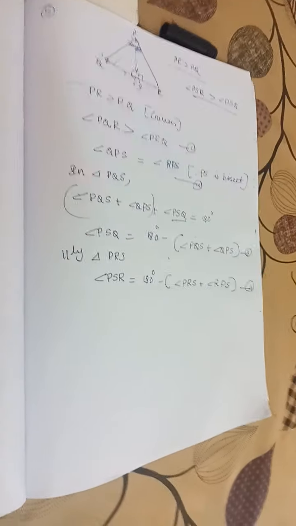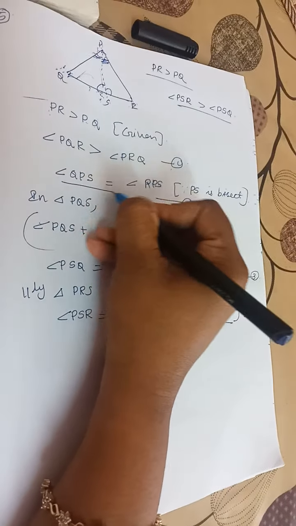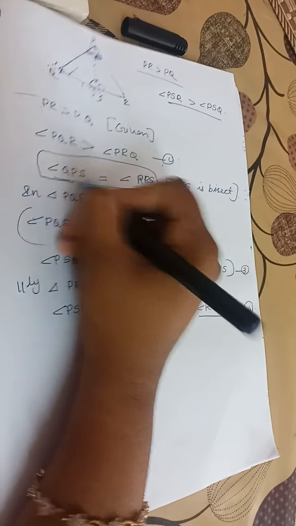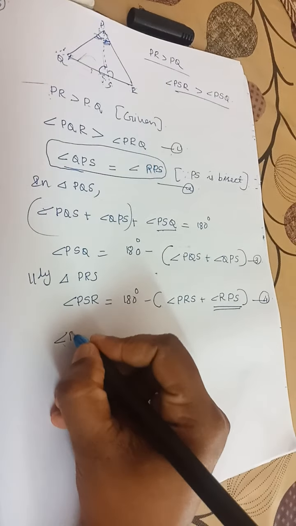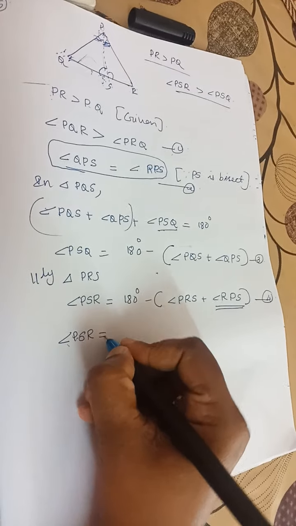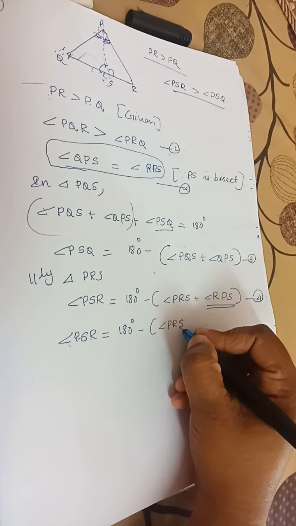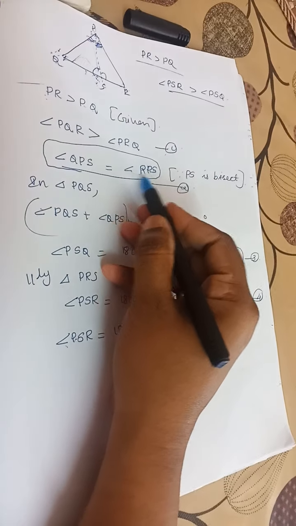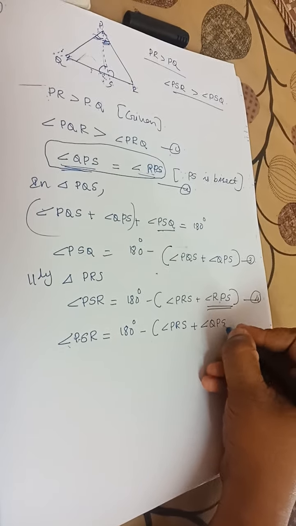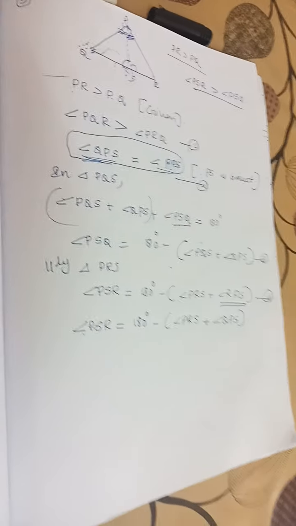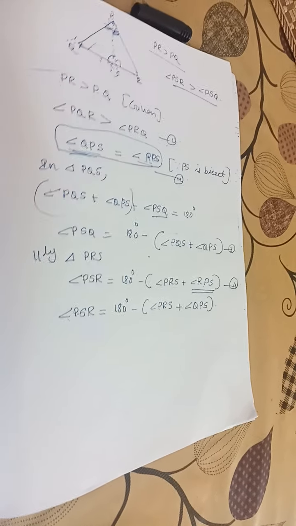Now I am substituting this RPS. What is the value of RPS? RPS is equal to angle QPS. So instead of RPS, I am writing angle QPS because both are the same. Now I have written angle PSR is equal to 180 minus of PRS plus QPS.